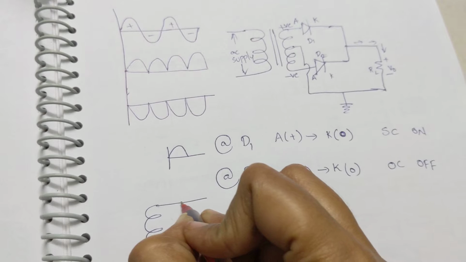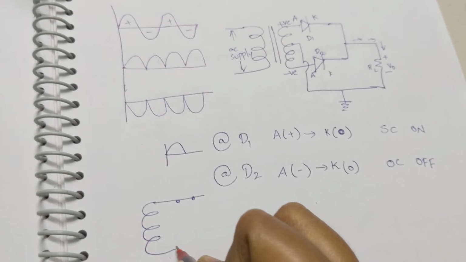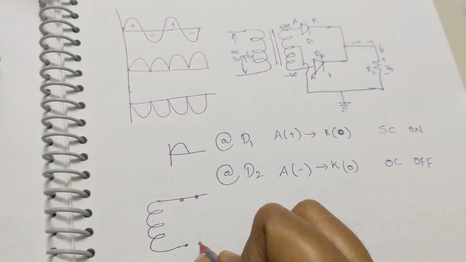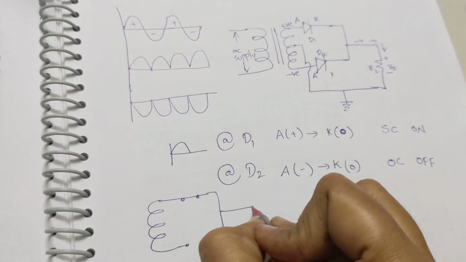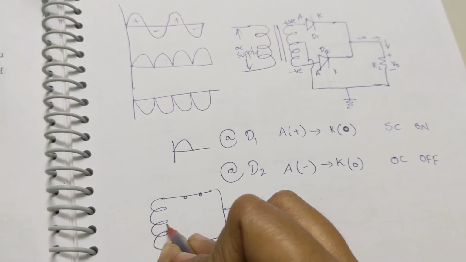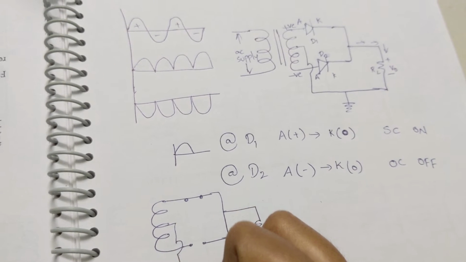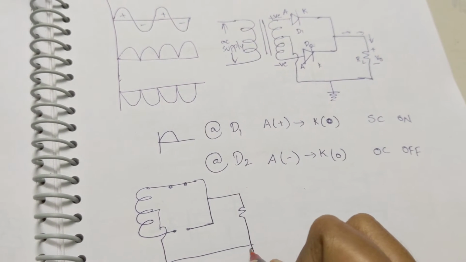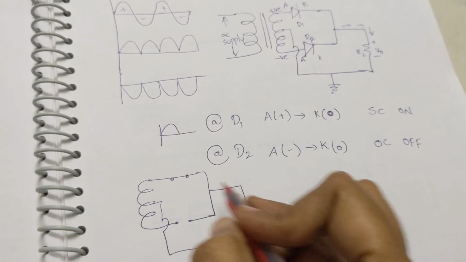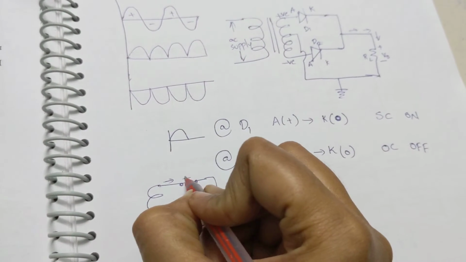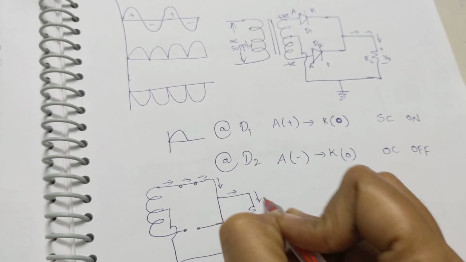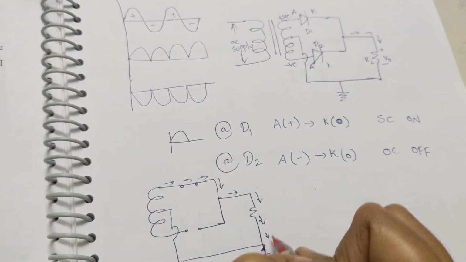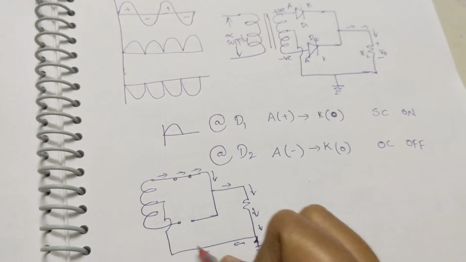Similarly, when I go for the line diagram, this is short circuited and this is open circuited. So the positive peak is directly fed to the load, and it has a closed path.